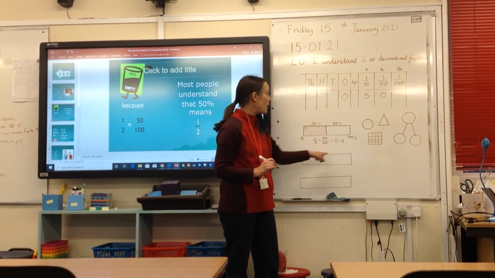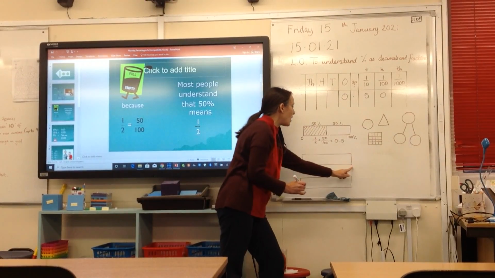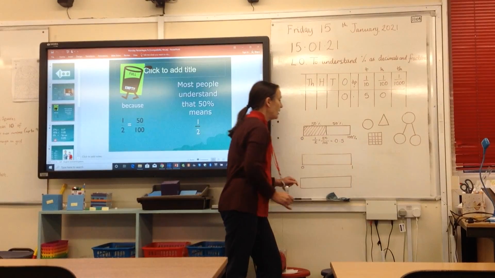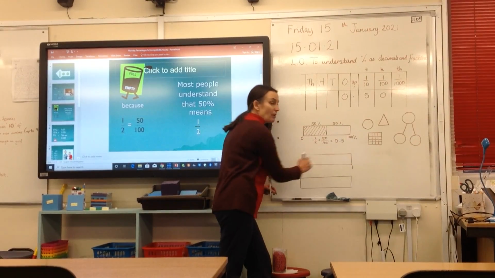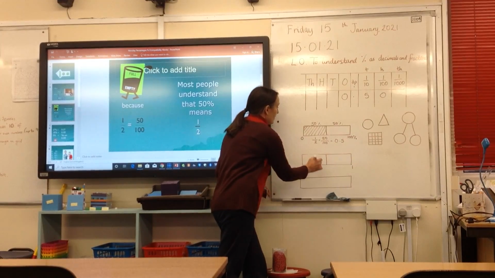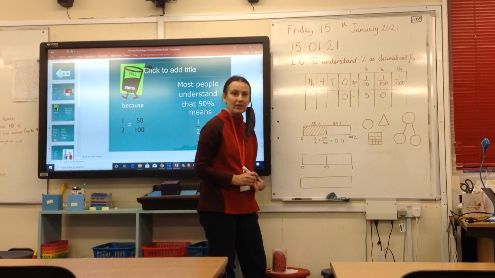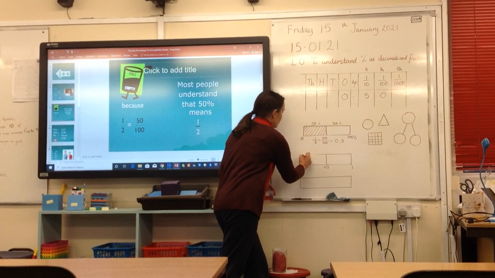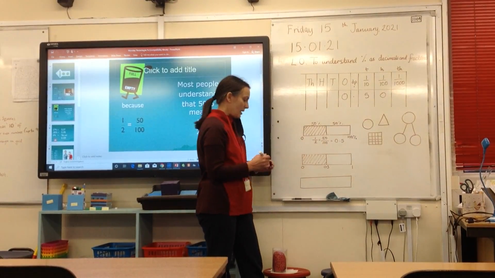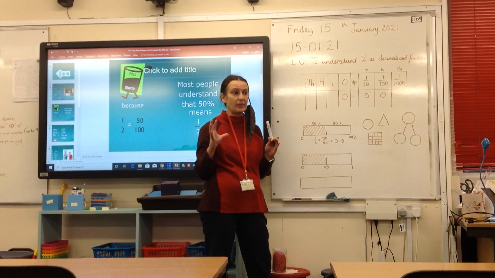So that would equal 0.5 as a decimal. We can show that in a bar representation. We've got our 0 here, and imagine that this is our 1, our whole number, like a number line. 50% as a decimal would be 0.5. Of course, representation could also be in shapes and shaded.